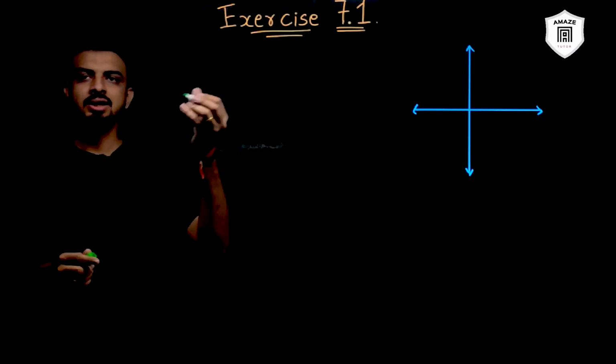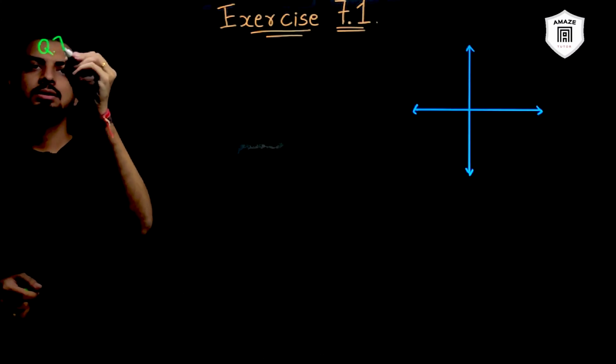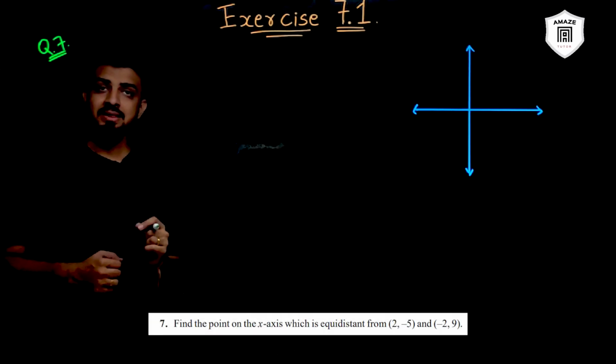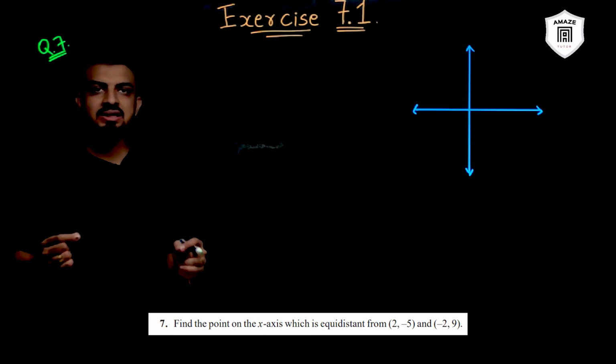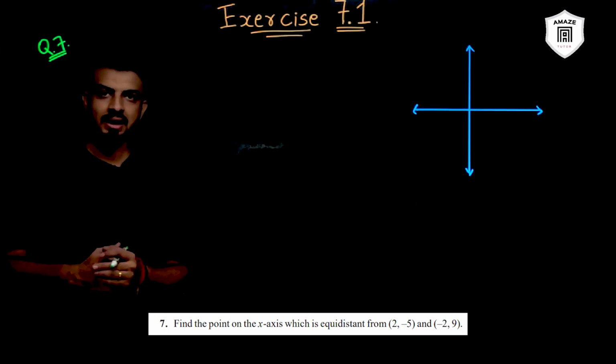The next important question from this exercise is question number 7. So what is given here? Find the point on the x-axis which is equidistant from 2, minus 5 and minus 2, 9.